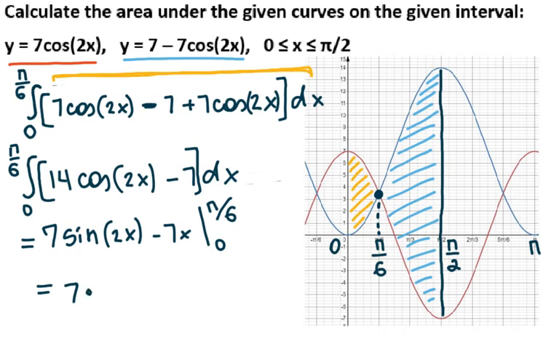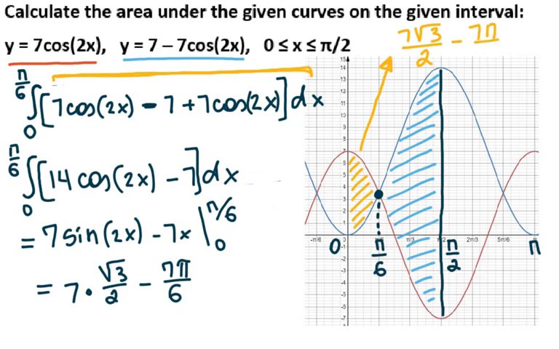And sine of pi over 3 is square root of 3 over 2, minus 7 times pi over 6, which is 7 pi over 6. If I plug in 0, I'm just going to have 0. So the area of the yellow part is 7 square root of 3 over 2 minus 7 pi over 6.